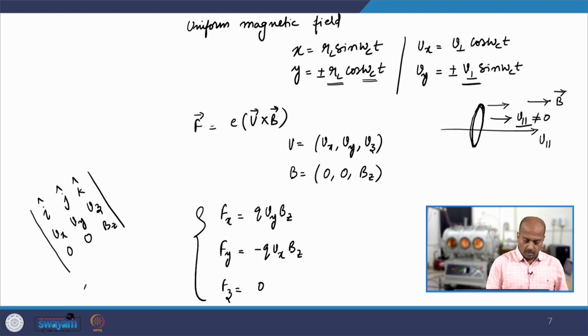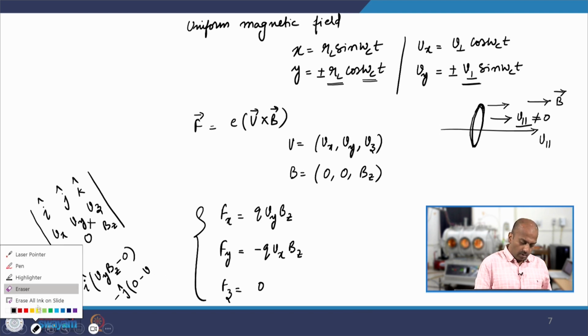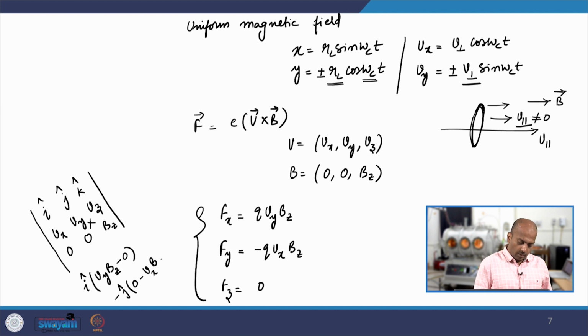So, if you break this, let us say I cap times this one, Vy, Vz, minus 0, right, minus j cap 0 minus Vx, Vz, right, plus k cap times 0.